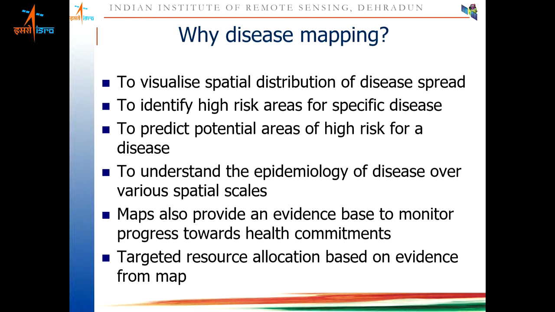Also, this mapping helps in targeted resource allocation based on evidence from the map. Targeted resource allocation means wherever disease outbreak is larger, number of cases are larger, in that area more resources can be focused.